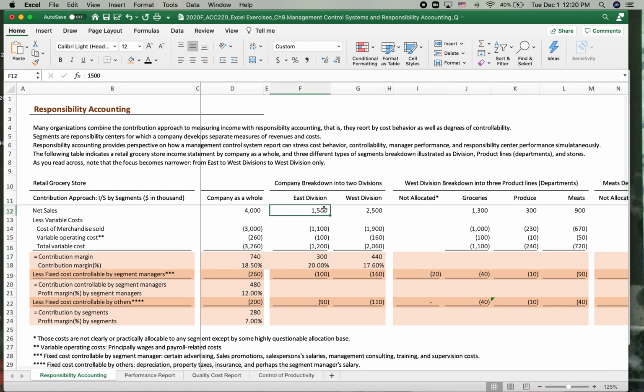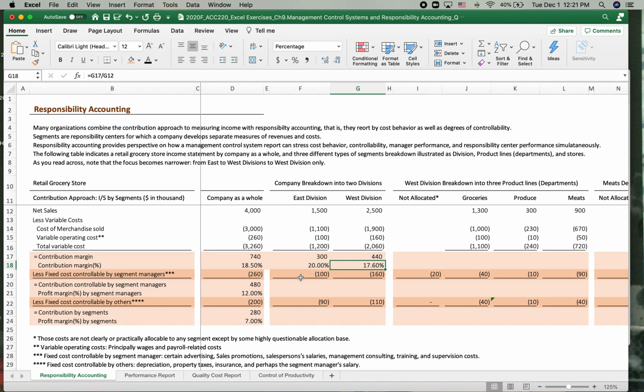East division has lower net sales, West division higher, but definitely the variable cost in West division is higher than East division. The contribution margin is higher, but the contribution margin percentage is lower. That means that if they have the same net sales, this East division would have more contribution margin.